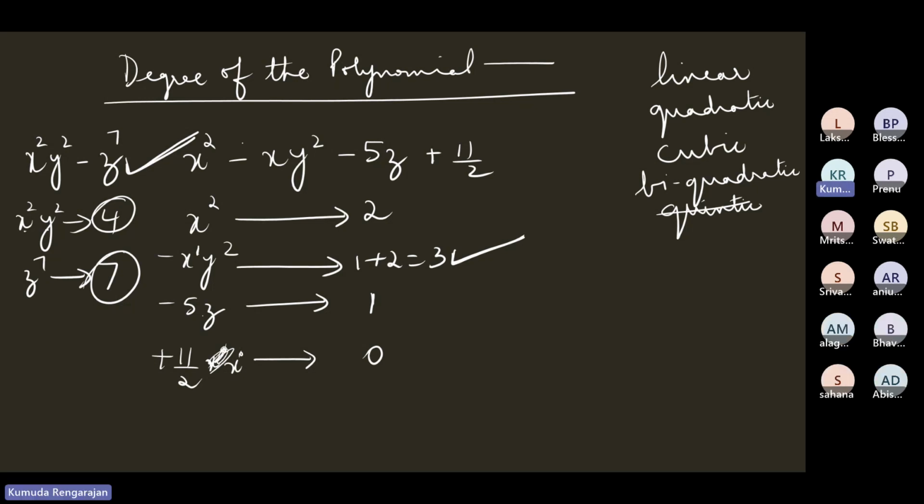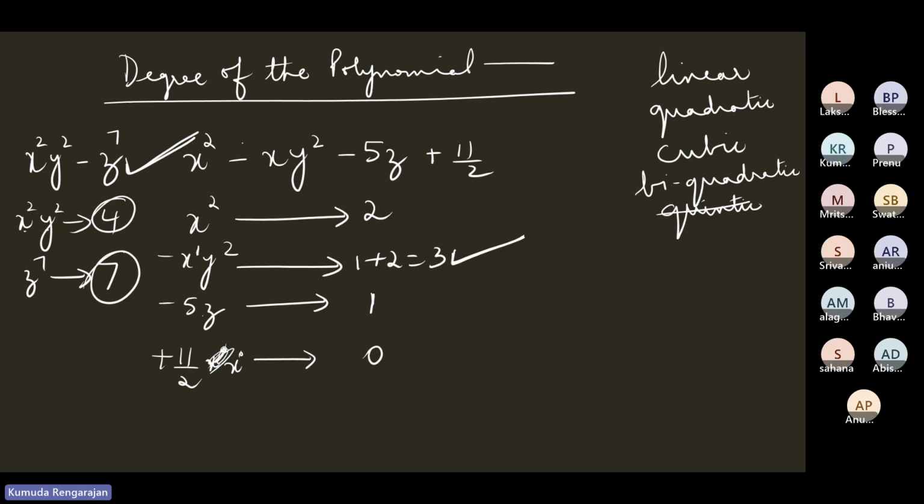If the term has more than one variable, add the powers. The highest number obtained is the degree of the polynomial.